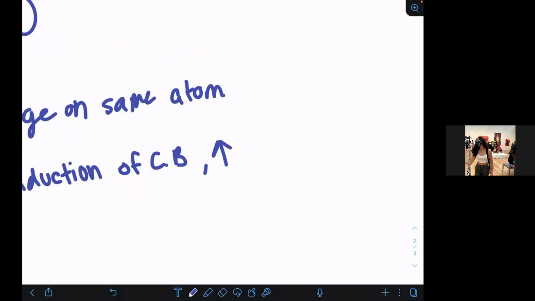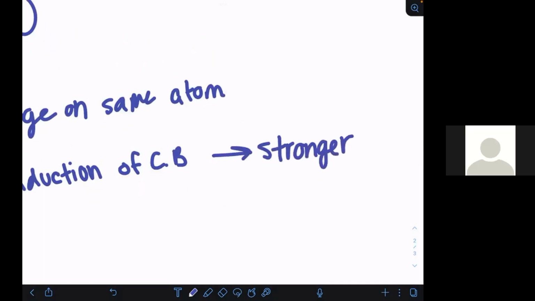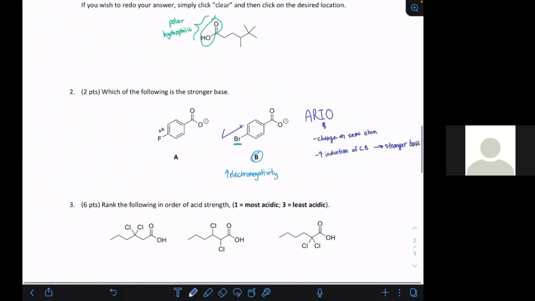So that makes sense now. Because the charge is on the same atom, you use the induction rule, which is whichever atom is more electronegative is going to be pulling more. So fluorine is more electronegative than bromine.